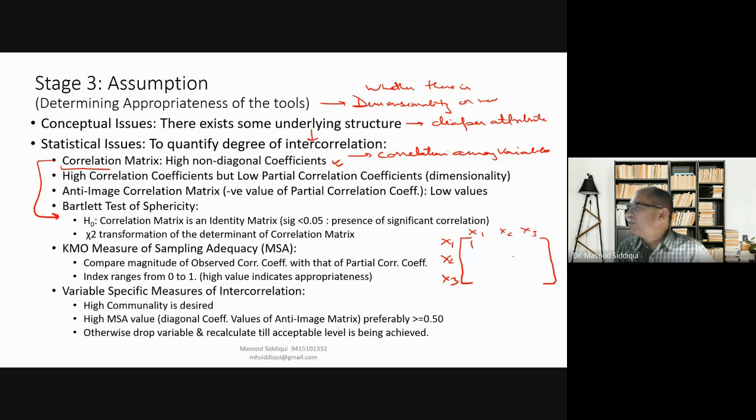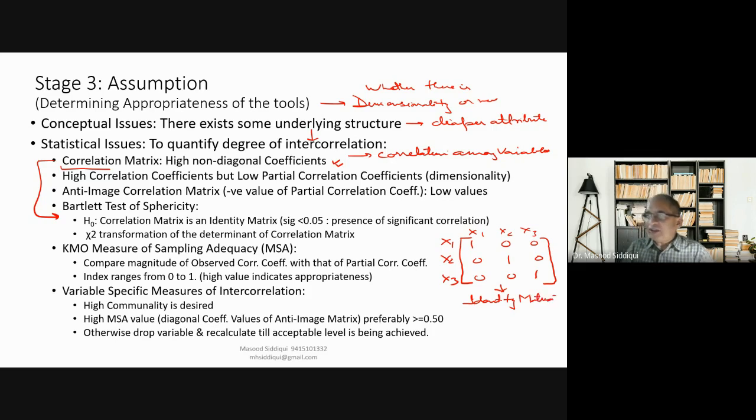Here, all diagonal elements would be 1 because they represent the correlation coefficient between the same features. And if this is the situation, and all the non-diagonal elements would be 0, this type of matrix is known as an identity matrix.